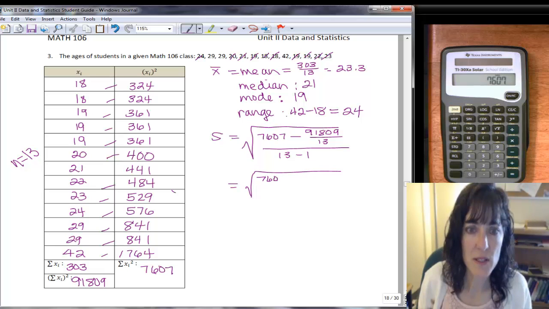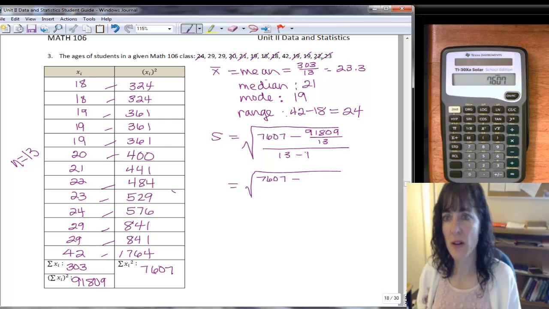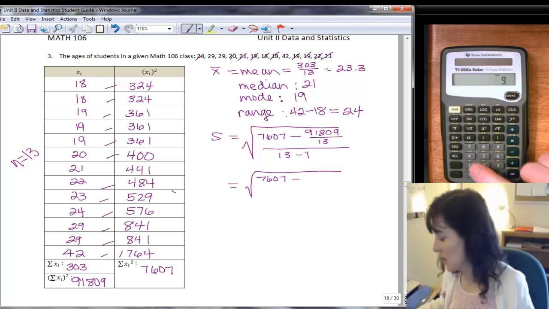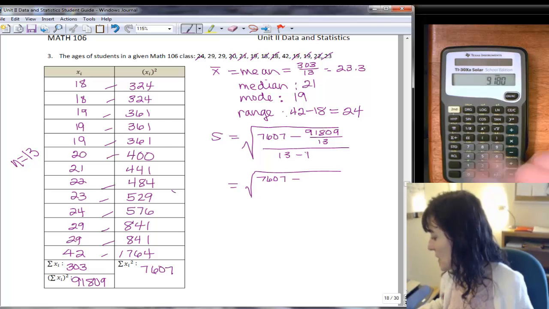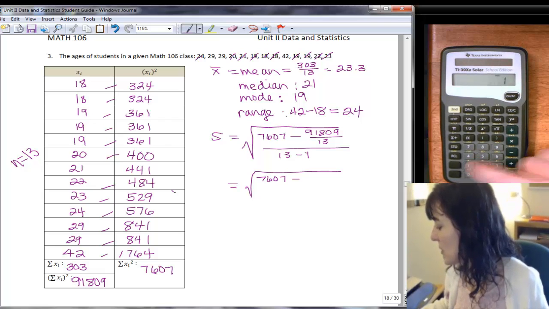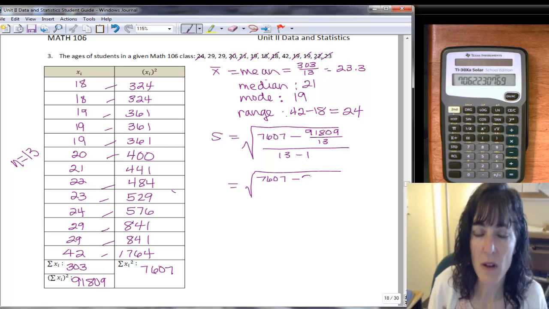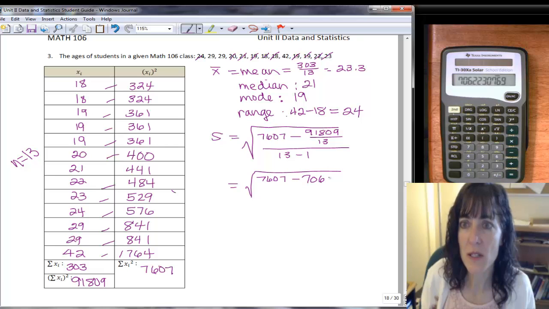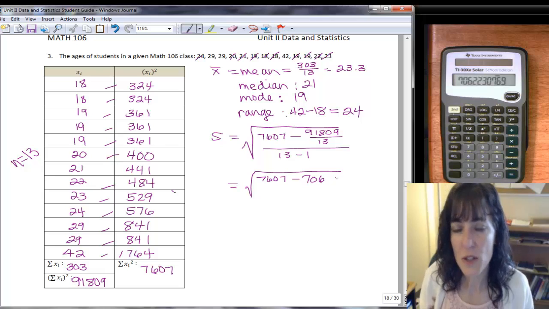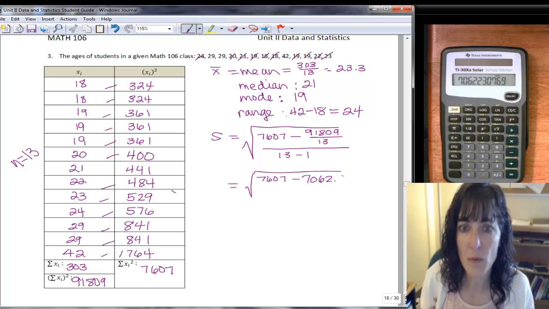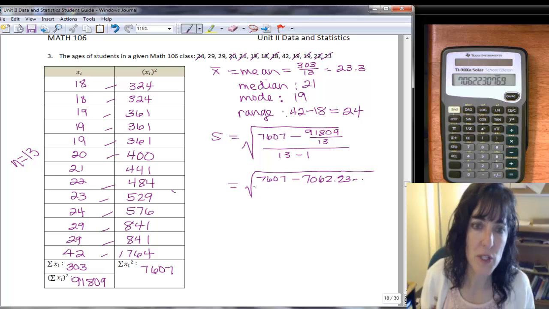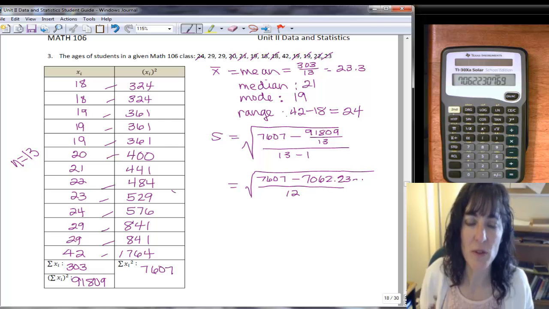So I have 7607 minus, so now I can take that 91809 divided by 13, and I get 7,062.23, and it goes on. So I just put dot, dot, dot, and then 13 minus 1 will give me 12.